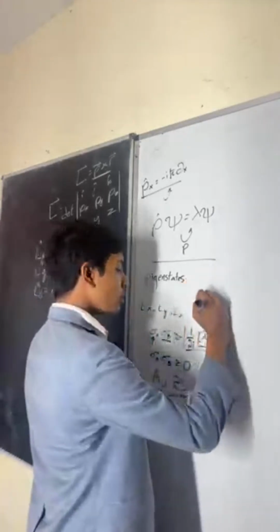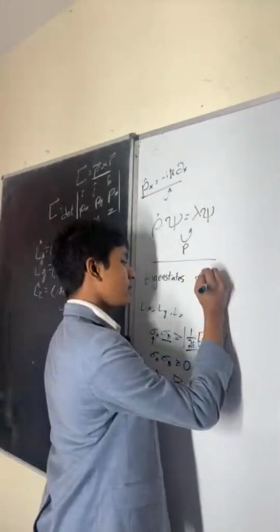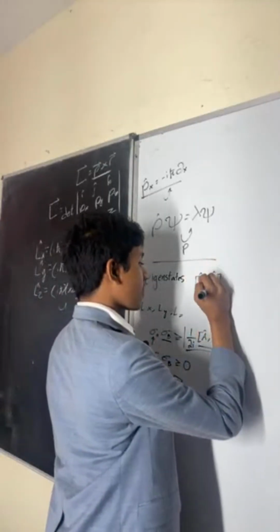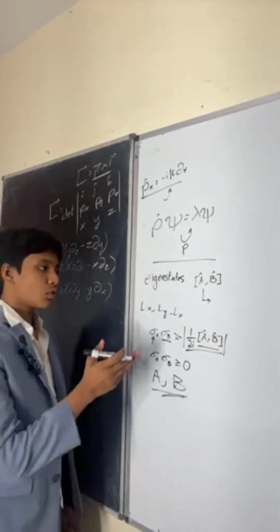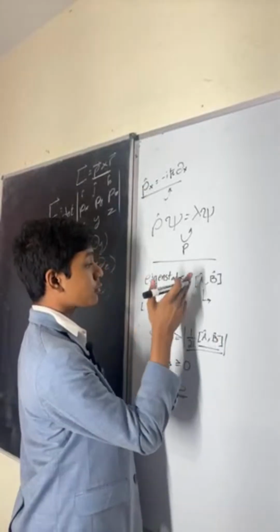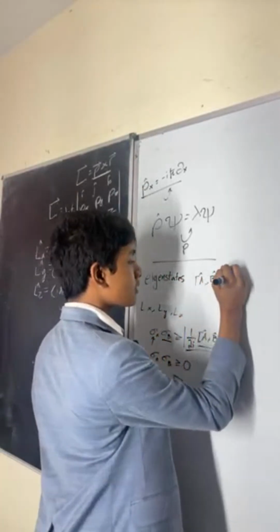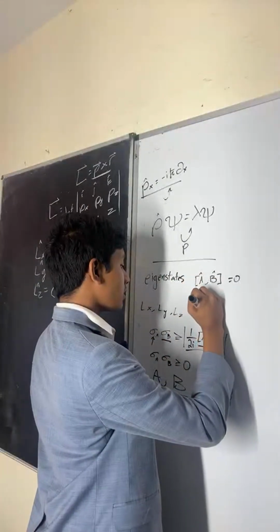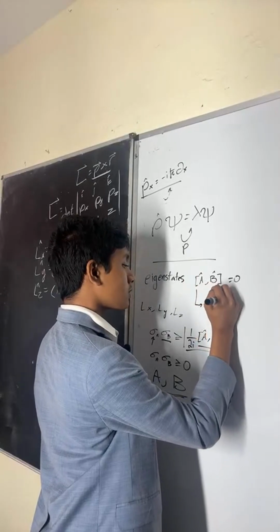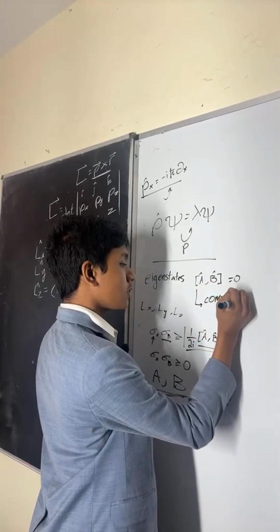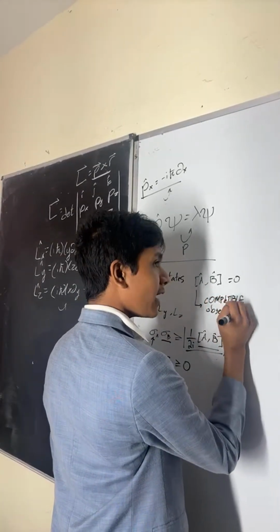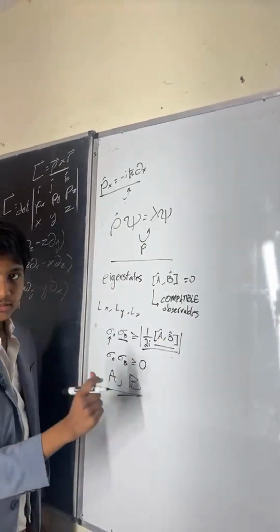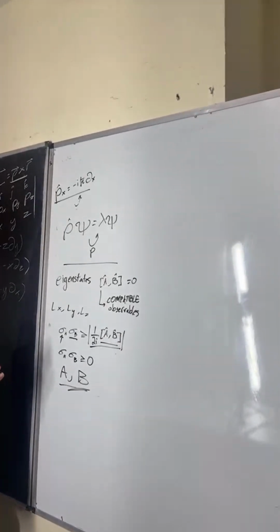So we call any measurables with corresponding operators that have a 0 commutator compatible observables. So what are these compatible observables good for?